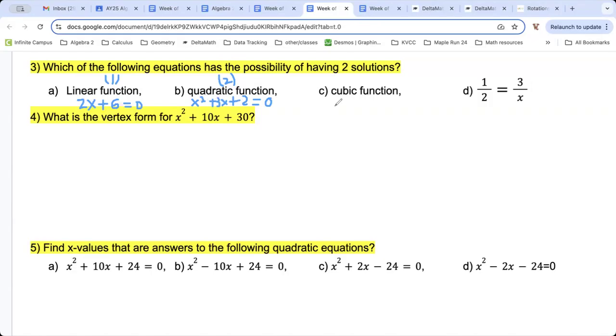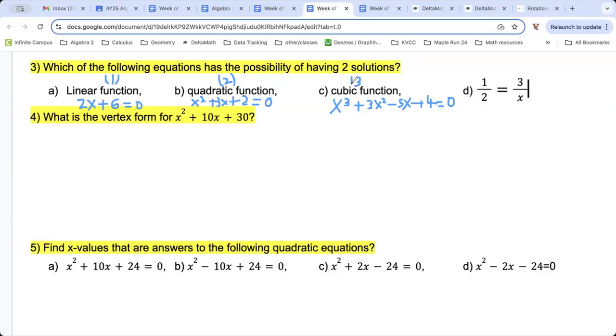So cubic function, so if you have x cubed, let's say, equal plus 3x squared and so on, minus 5x plus 4. If that equals 0, you will have what? You will have actually 3 possible solutions, okay?